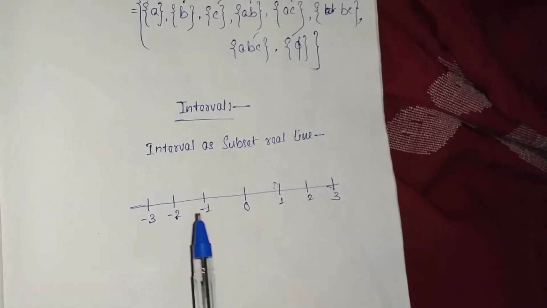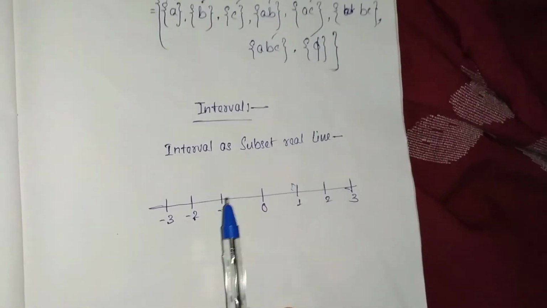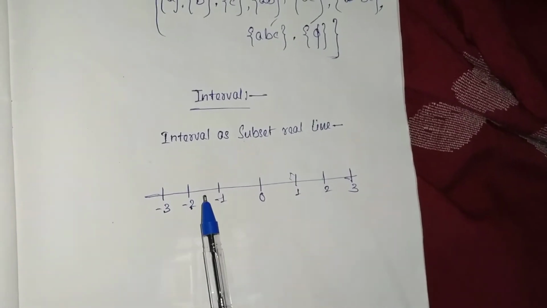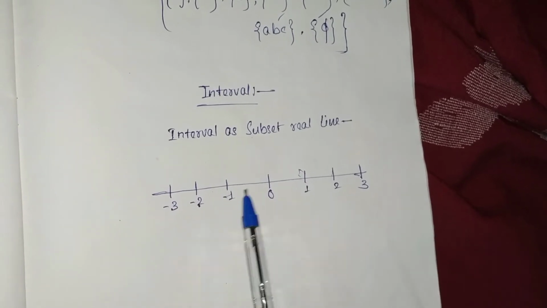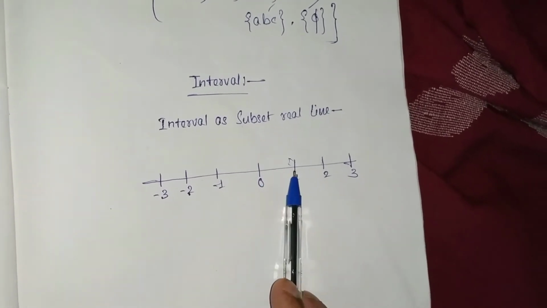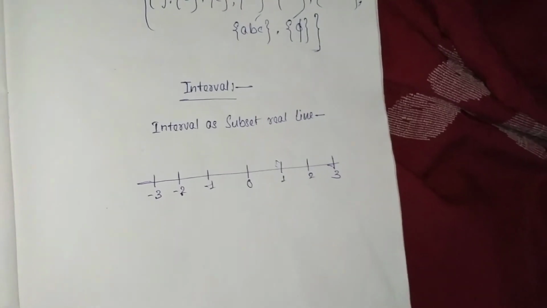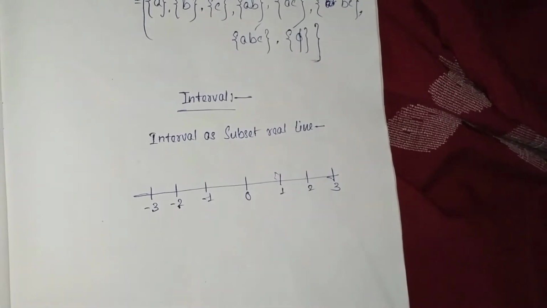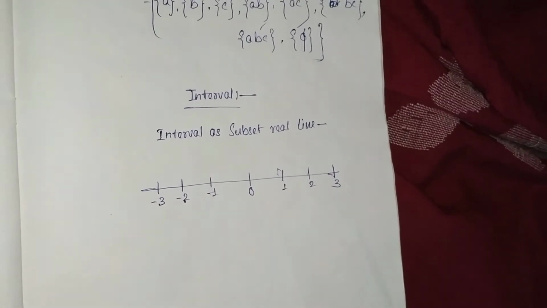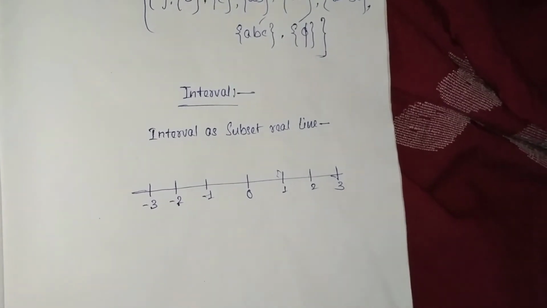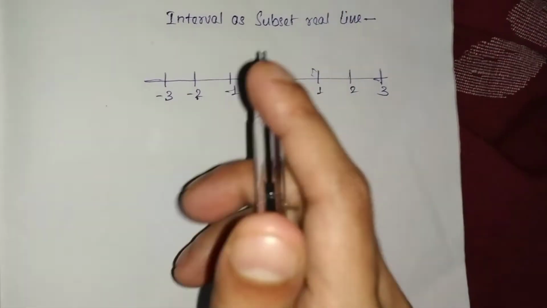And not only between -3 and -2, it's also between -2 and -1, -1 and 0, 0 and 1, 1 and 2, and 2 and 3. Between each number, that's called interval.